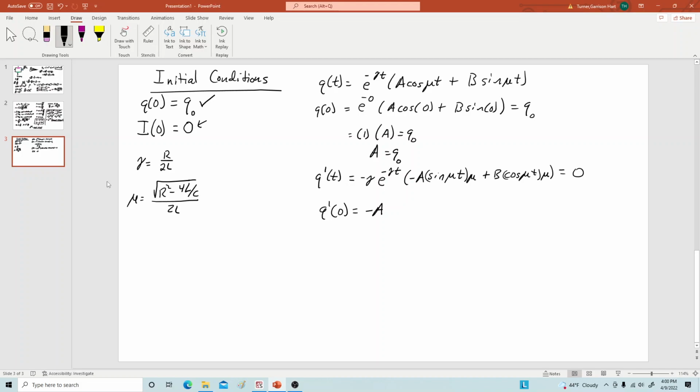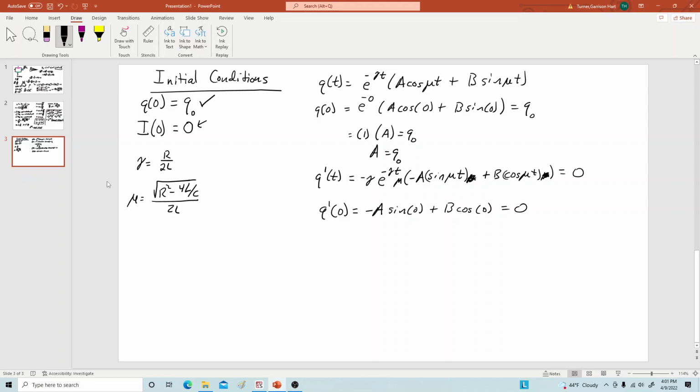So this is going to be equal to negative a, and by the way, I have a factor of mu as well, so if I pull the mu out, then I would be dividing by negative gamma mu times e to the negative gamma t. All right, and all of that cancels out. So what I'm really left with is negative a times the sine of 0 plus b times the cosine of 0, and all of this equals 0, right?